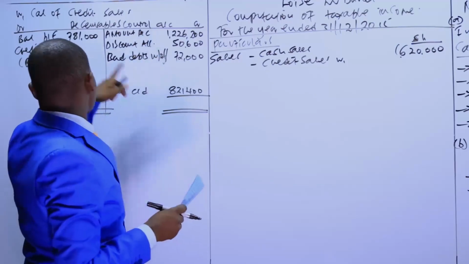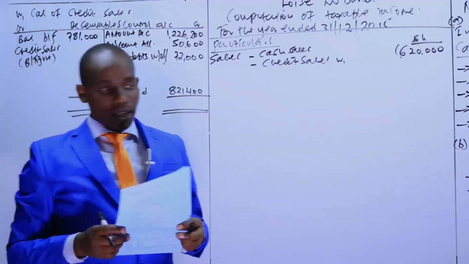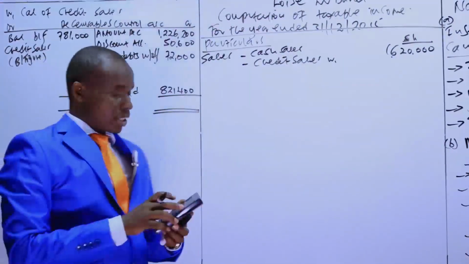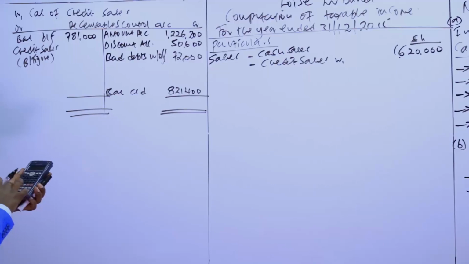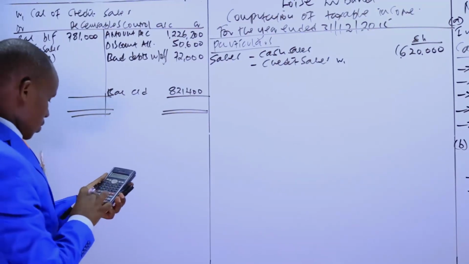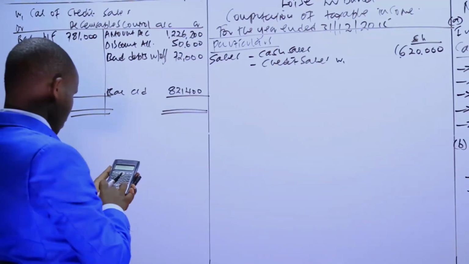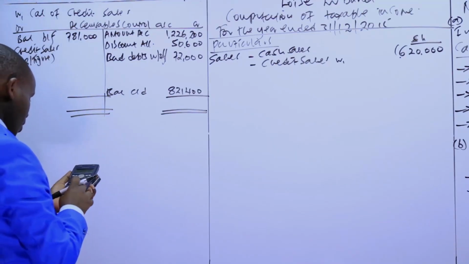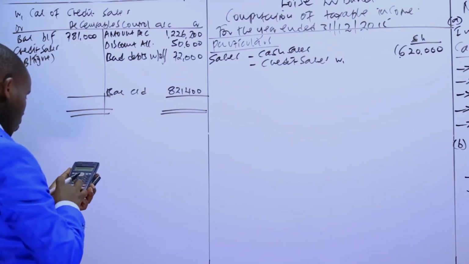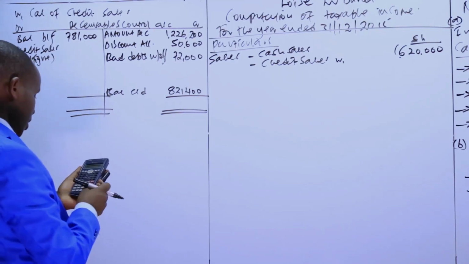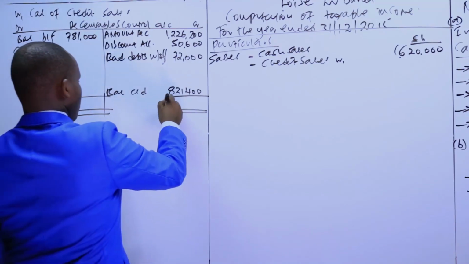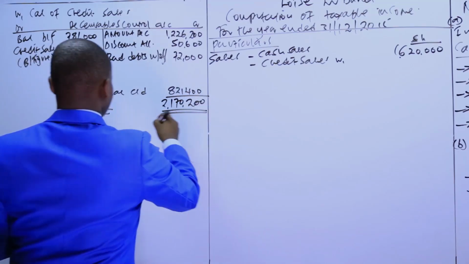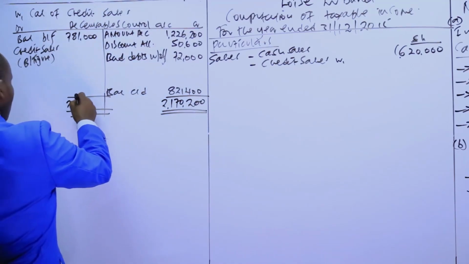Therefore, we do the calculation to get the credit sales. The credit sales will be 1,226,200 plus 5,600 plus 72,000 plus 821,400. The total here is 2,170,200.